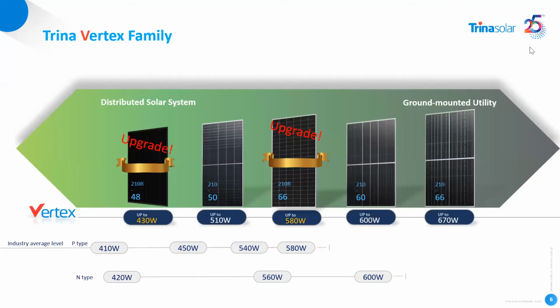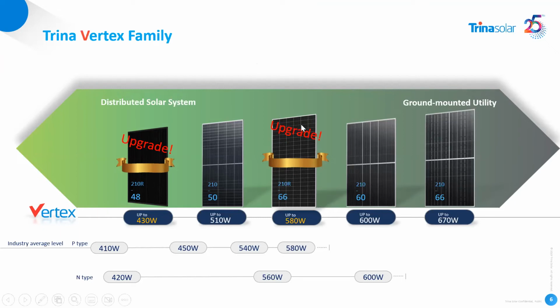And for today, we want to share our Vertex family, or the modules that we offer. Right now, we have the 425 to 430 watt for our residential segment. We have the 580 watt for Q4 of 2023, an upgrade from 550.